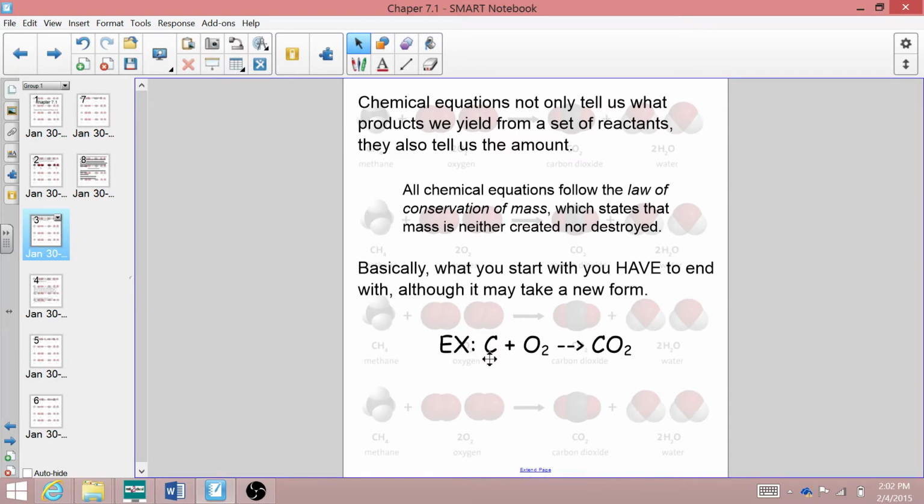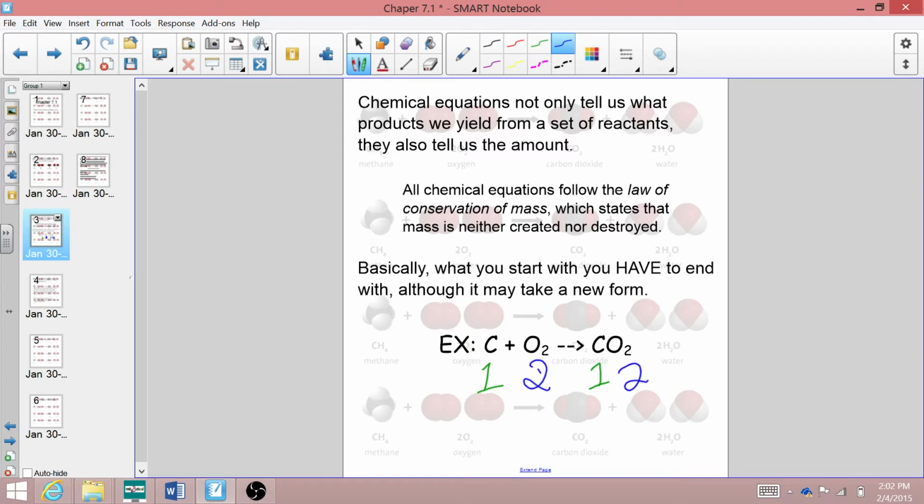But the number of carbon atoms we started with is the same as the number of carbon atoms we end with. Same with oxygen. So if we take a look at this equation, we have 1 carbon atom here, and we have 1 carbon atom here. The subscript on oxygen tells us that we have 2 oxygen atoms on this side, and we have 2 oxygen atoms on this side. So what we started with is what we end with, always.